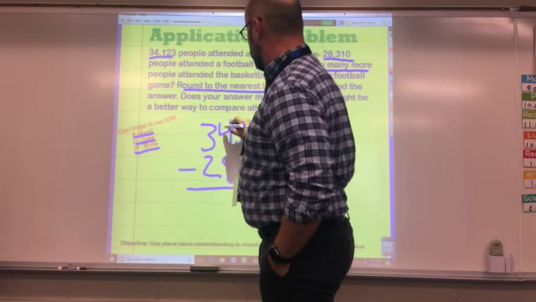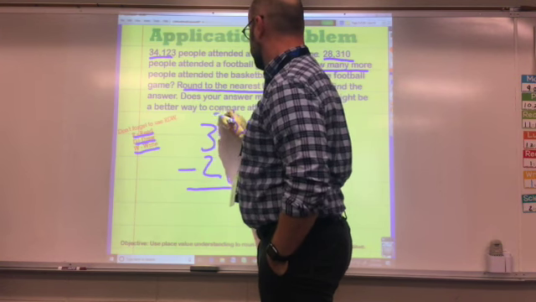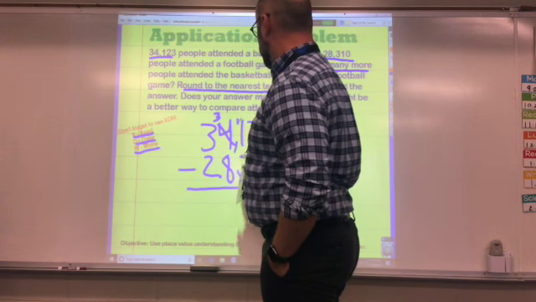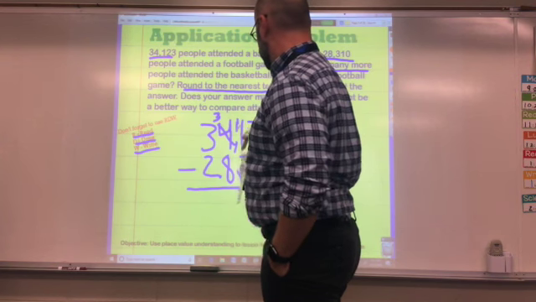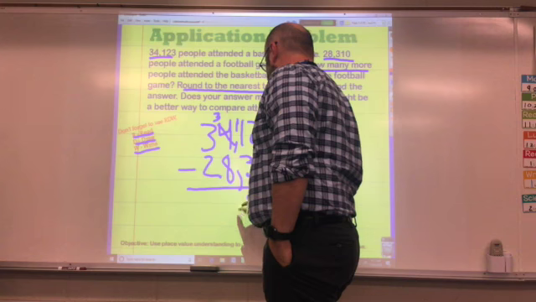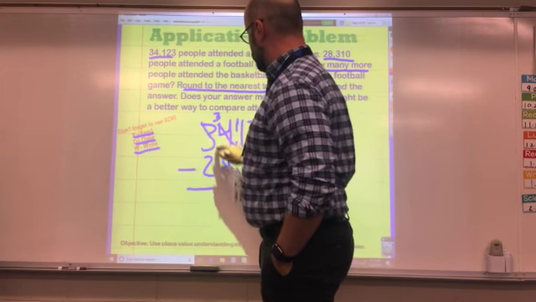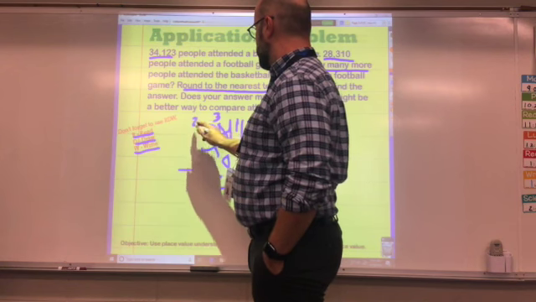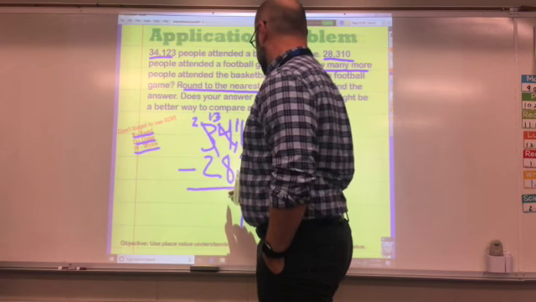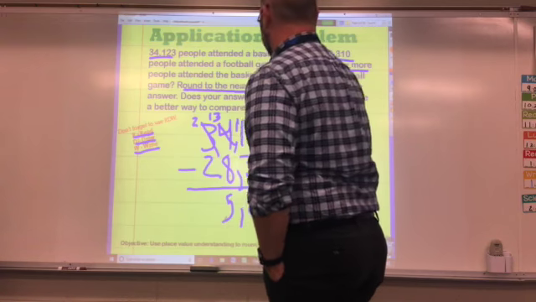So I have to go borrow from the 4, turn the 4 into 3. My 1 becomes 11. 11 minus 3 is 8, comma. I can't subtract 8 from 3, so I come over to the next number, borrow. 13 minus 8 is 5. There is the exact number.